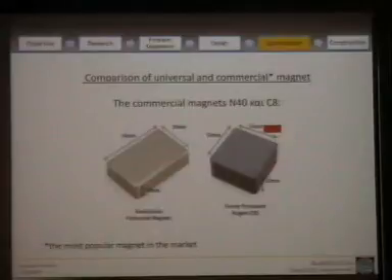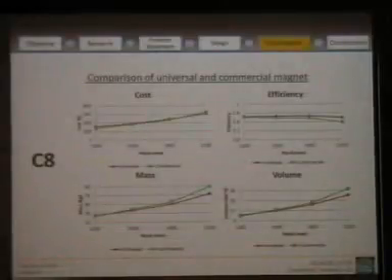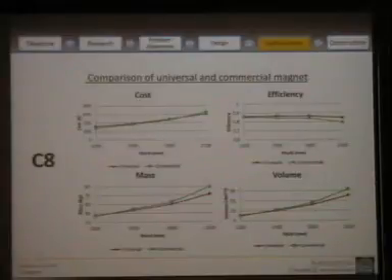We also compared the performance of generators using the universal magnet with generators using the commercial magnet, the magnet that is mostly available in the market. And here we can see that the generators using the universal magnet, the red one, have a bit higher efficiency and lower mass and volume, especially as the blade rotor radius increases.